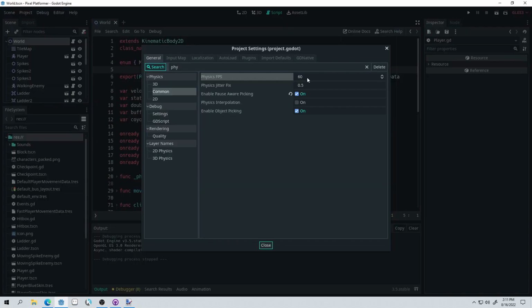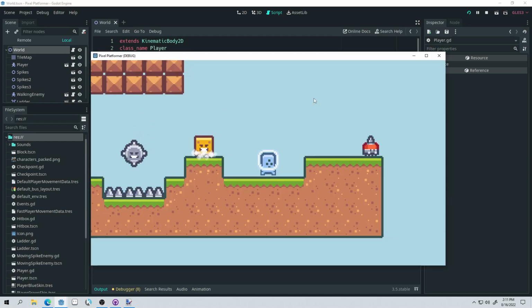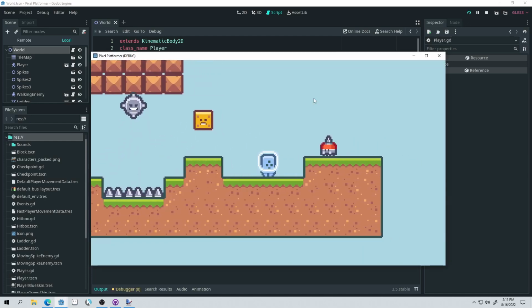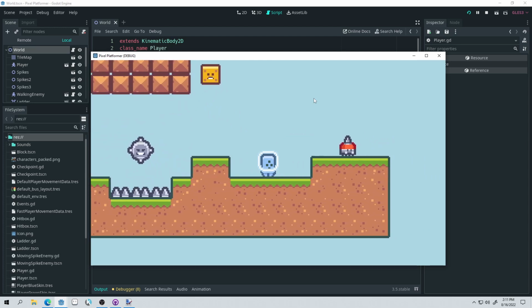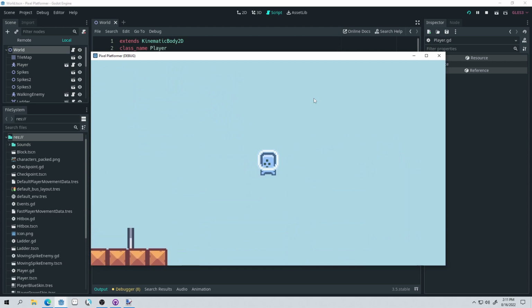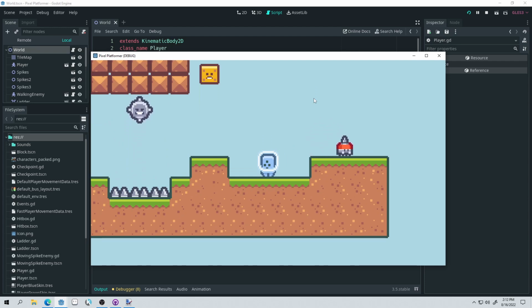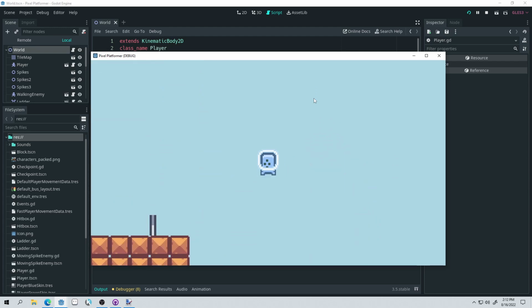Now if we come into our project settings and set our frame rate to 15 frames per second, and you don't have to do this, I'm just using this as an example, it takes our character much longer to slow down. We're much more slidey, and we can double jump much higher. And so you can see that as we alter the frame rate, we're getting different outcomes.